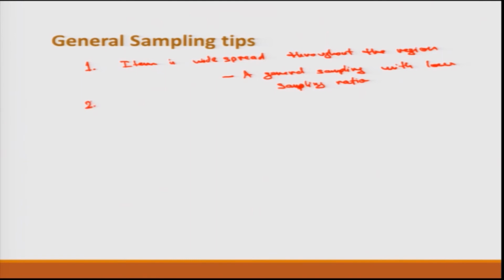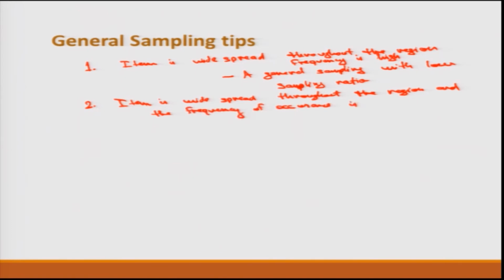Number 2, if the item is widespread throughout the region and the frequency of occurrence is low.